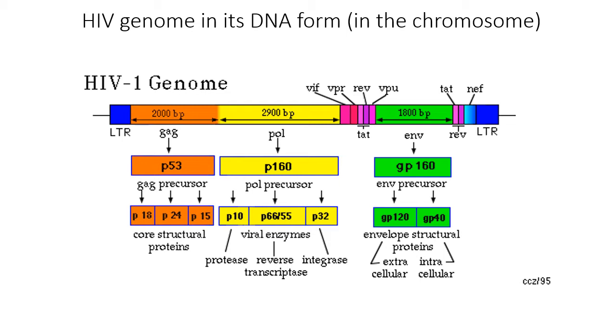Same for the Pol region, that is going to produce a precursor, P160, which will then be proteolytically cleaved to form the protease itself, but also the reverse transcriptase and the integrase, which are, of course, crucial parts of the viral life cycle to get it to go and insert in a new location in the genome, or some other genome. Finally, the ENV region produces a precursor, which is then proteolytically cleaved by the protease to form the GP120 and GP41, which will end up being on the surface of the virus, extraviral, and are used for infectious purposes.